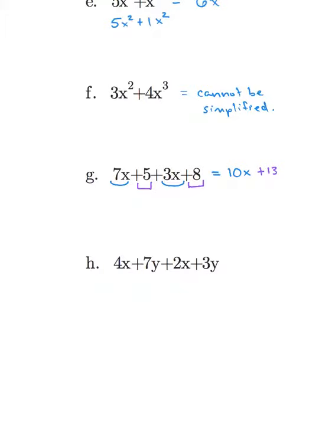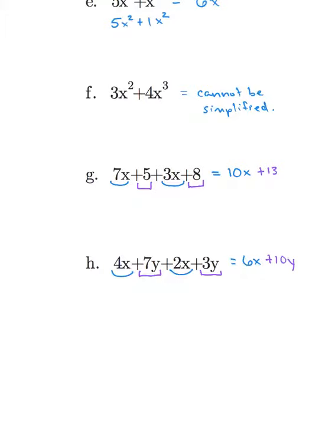Let's look at example H. Example H, we have, first for our like terms, 4x can combine with 2x. That would give us 6x. We also have 7y can combine with 3y, giving us 10y.